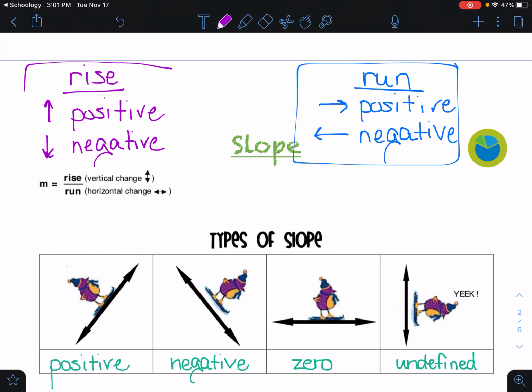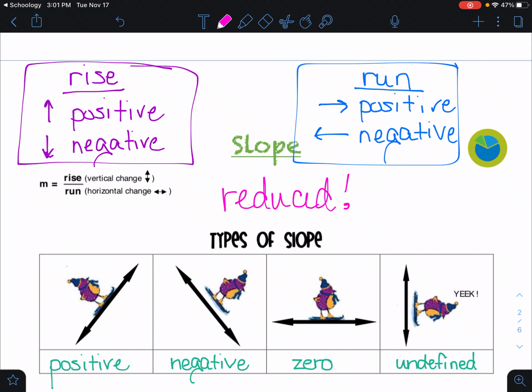Most people forget the negative sign when they count, and then they get it wrong. They got their numbers right, but they forget the negative sign, okay? Remember, slope is rise over run. And then the last thing that's super duper important is make sure it's simplified or reduced. That is a must, okay? That's why we spent a little bit of time talking about that.